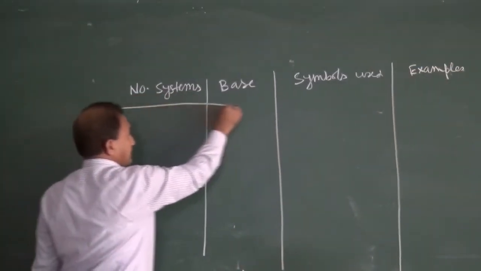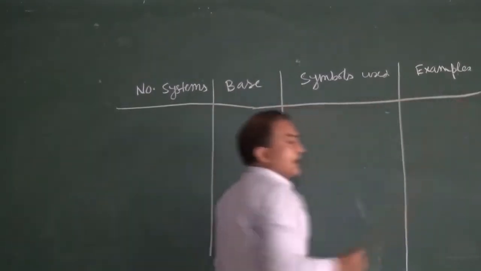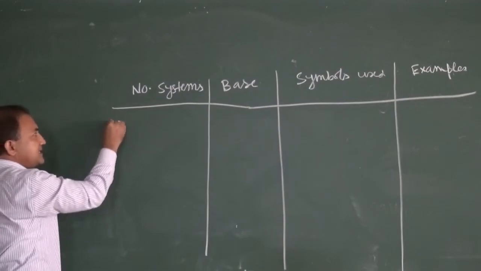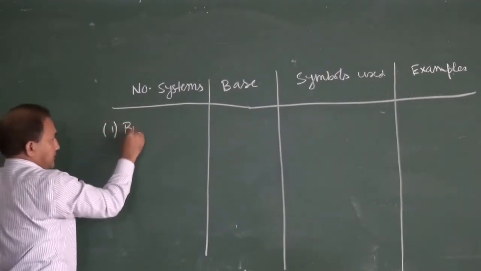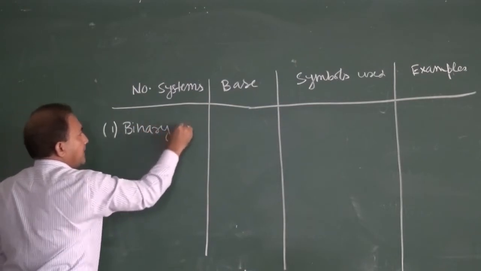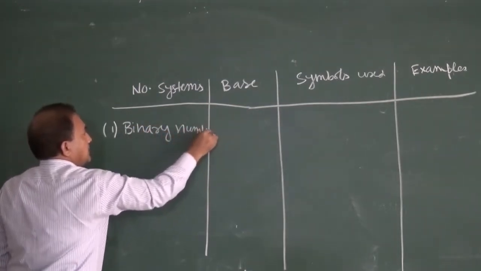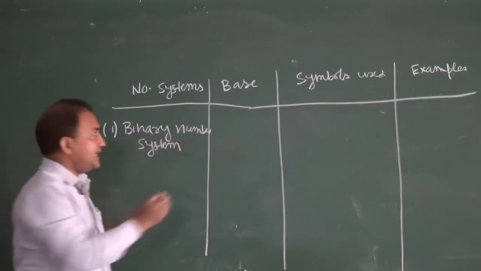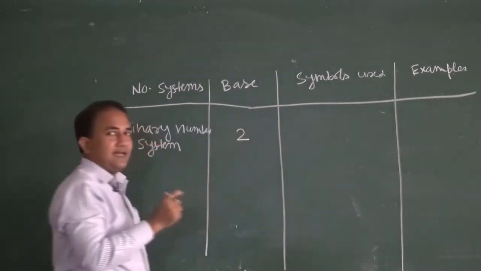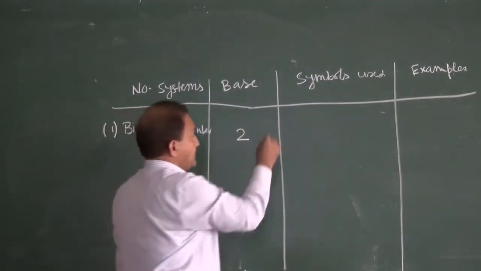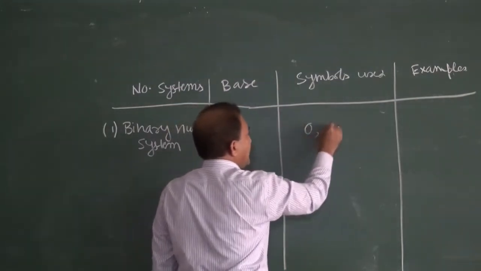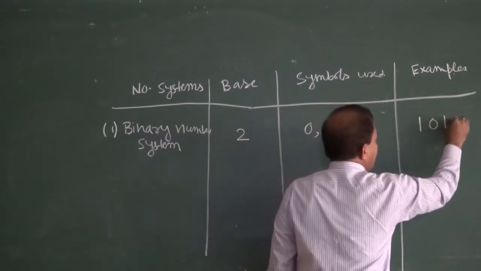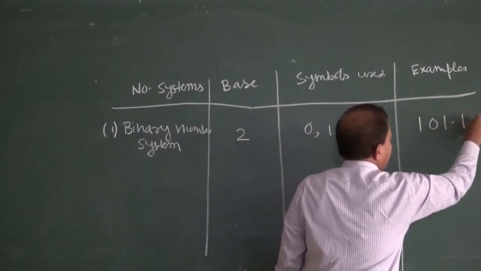The first number system that you have to study is binary number system. In binary number system, base is 2. Later on I will tell you about base or radix. Symbols used are 0 and 1. Example, you can write like this: 101.11.